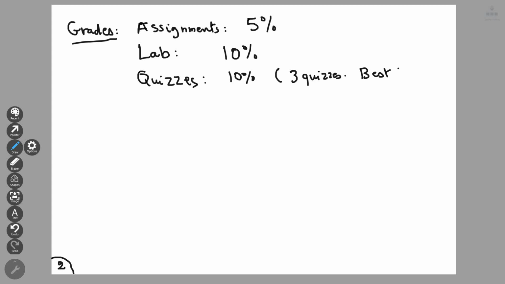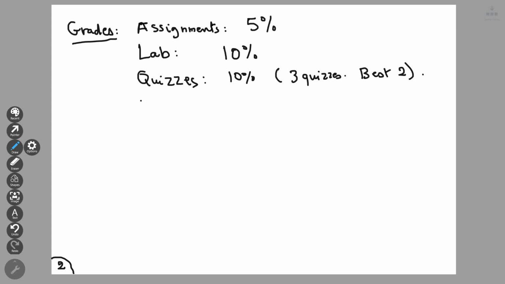Okay? So for example, we have 2 quizzes before the midterm and 1 quiz after the midterm. And if there is 1 quiz you did a bad grade on, then I'm not going to count it. Okay? Do you understand what I mean? Yes.